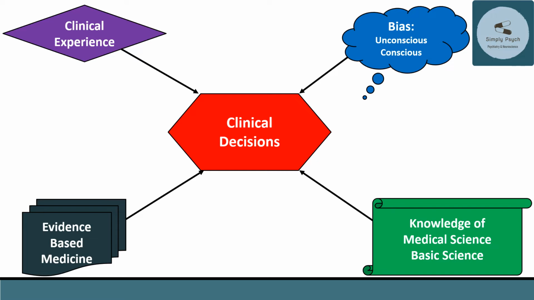We should be using the knowledge we have from the medical sciences and basic sciences. And then we should always be aware of our biases, including unconscious and conscious biases. All of these things together go into making a clinical decision about a patient and their care. And so I think this is important because if we rely too heavily on any one of these 4 things, we may find ourselves not practicing the best medicine.